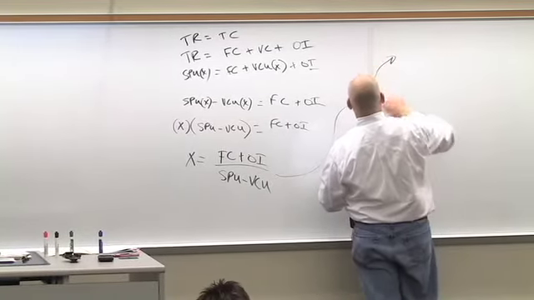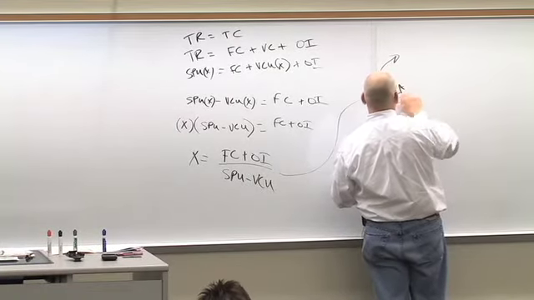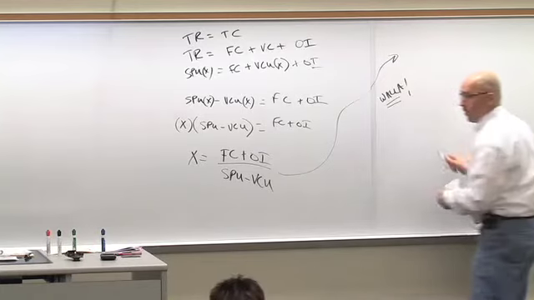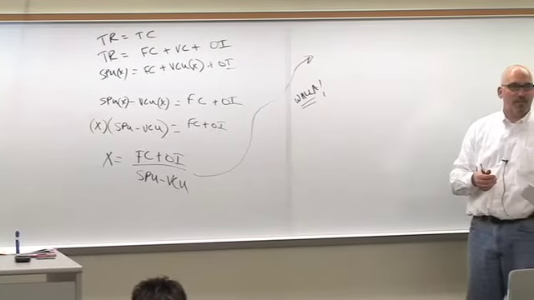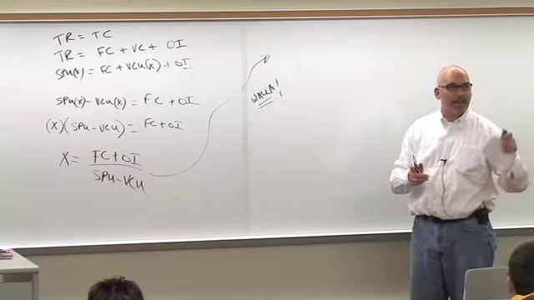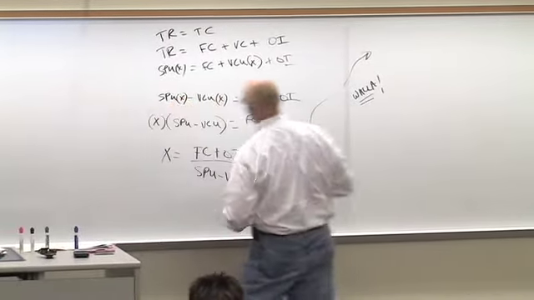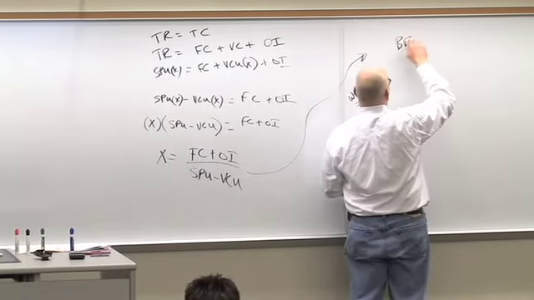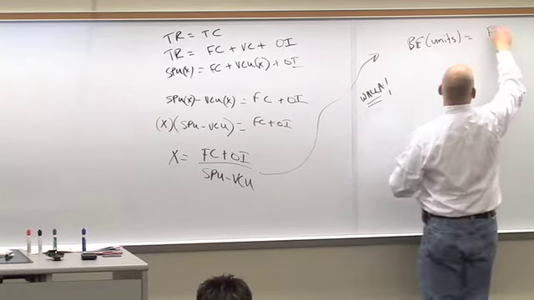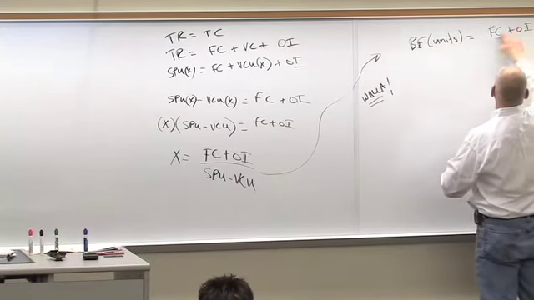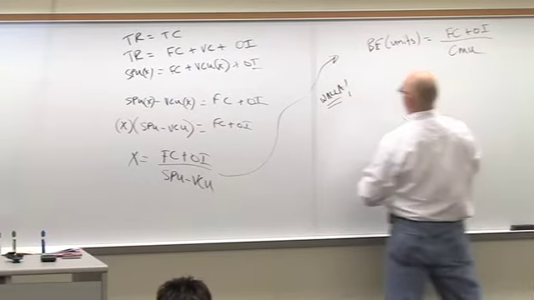And so we're going to go, poof. Voila! We've got ourselves a formula. And somebody in the front row, I think, speaks a little French. And the formula is: break even in units equals fixed costs plus operating income over contribution margin per unit.